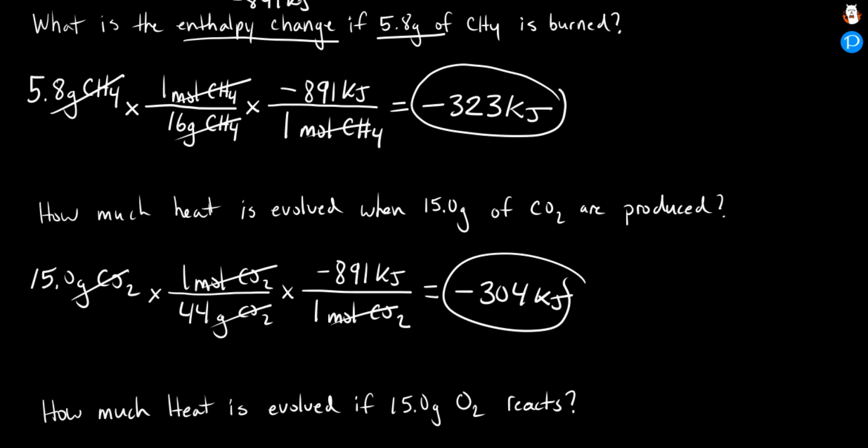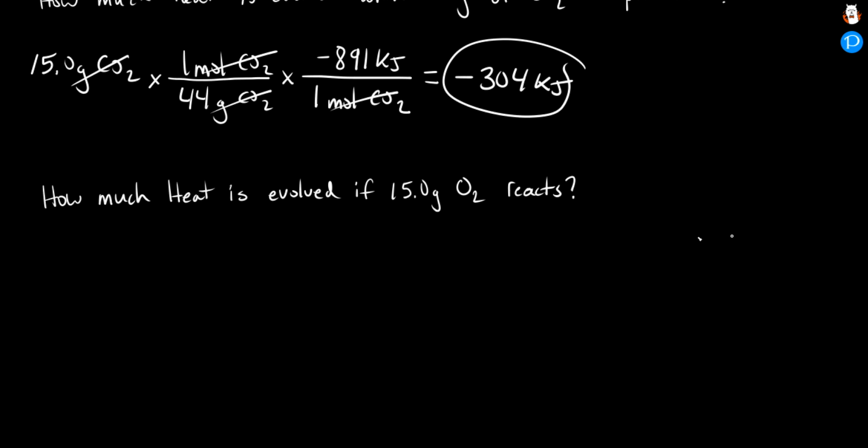Last one, just for fun, not because we have to, but because it's so much fun. How much heat is evolved if 15 grams of O2 reacts? So 15 grams O2, and we're going to convert that to moles. The molar mass of O2 is 32 grams per mole of O2.